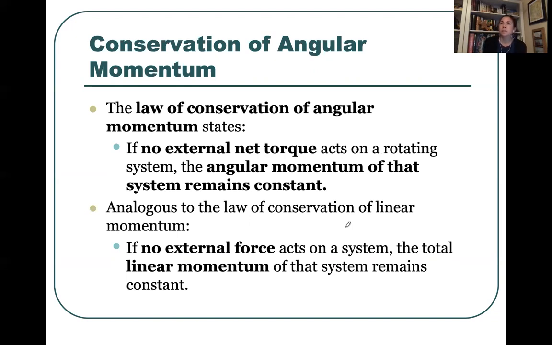If you look at the galaxy, for example, and the way that all of the mass was initially rotating, if we were to calculate the angular momentum of that system as the galaxy was being formed, that would be conserved.